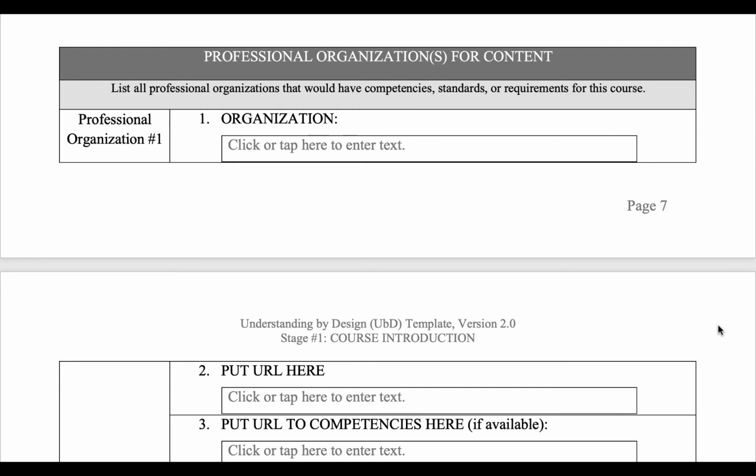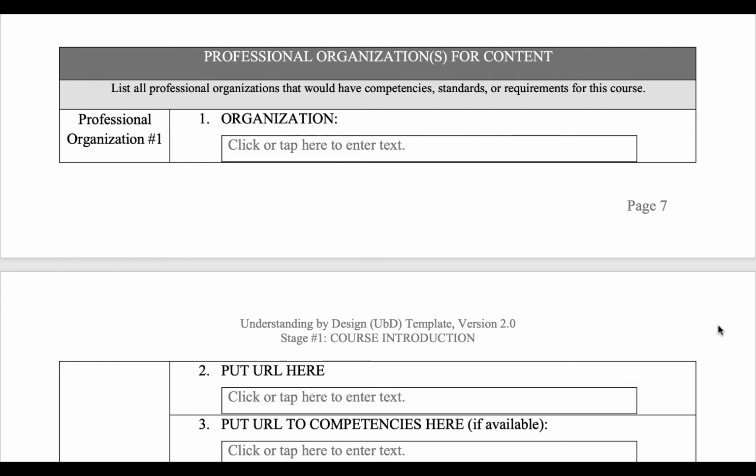So for every area of study, there are professional organizations or academic organizations who have come up with competencies that they want people in that profession or area of study to be able to accomplish.